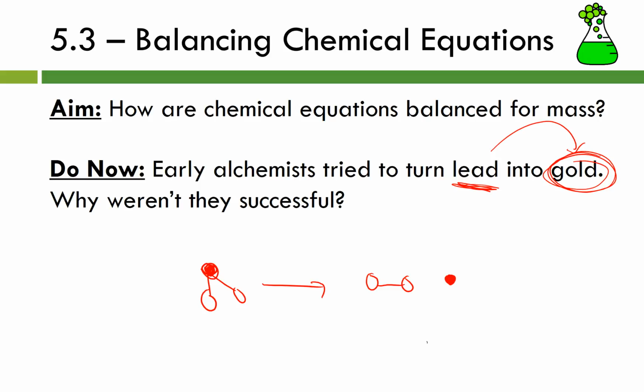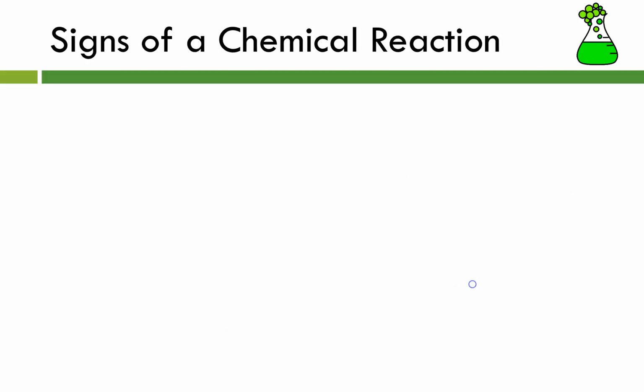That's more of a nuclear change, and alchemists definitely did not have access to that sort of technology when they were doing their work. So if it's not on the reactant side, there's no way an element can be on the product side. All right, let's get into today's lesson.